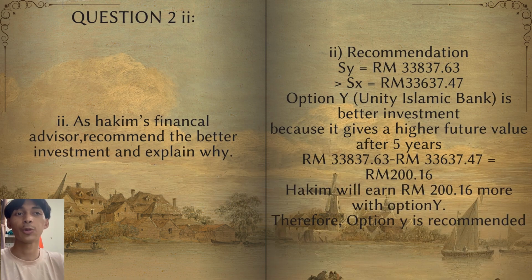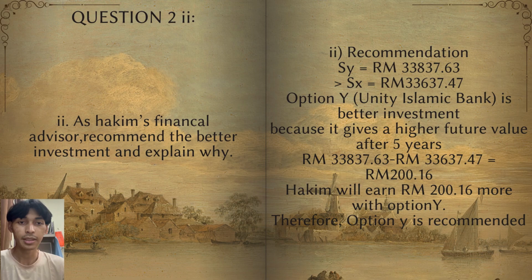Part 2 Roman. As Hakim's financial advisor, recommend the better investment and explain why. So, the answer for the recommendation: SY equals RM33,837 ringgit 63 cents, more than SX equals RM33,637 ringgit and 47 cents.